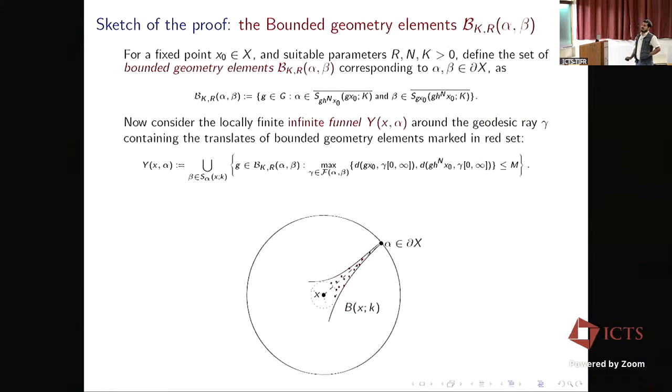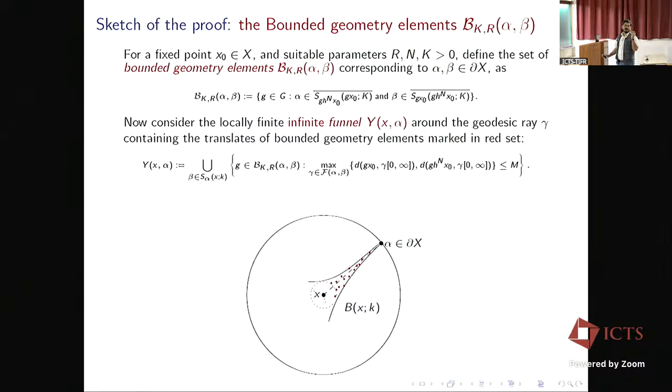And here we made use of some elements that were defined in the work of Maher and Tiozzo, which are called the bounded geometry elements. If you see the definition, you are looking at a bounded geometry element with respect to alpha and beta.